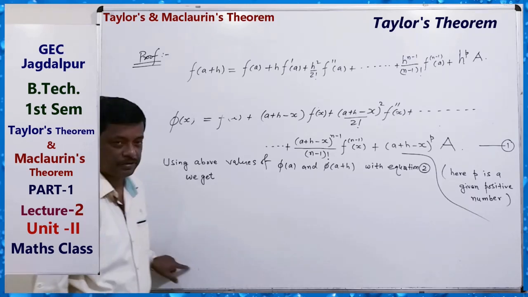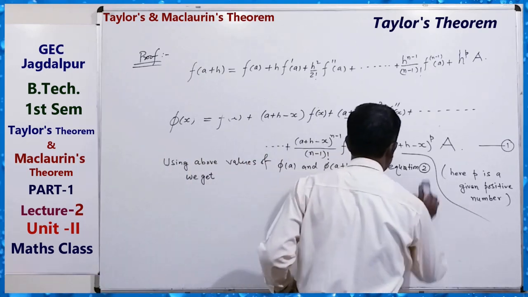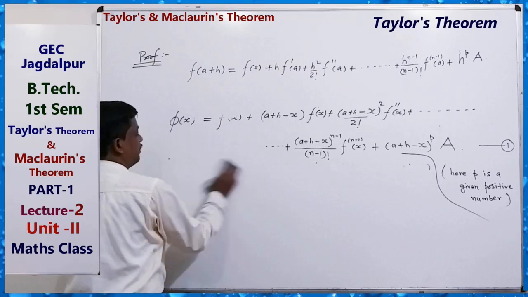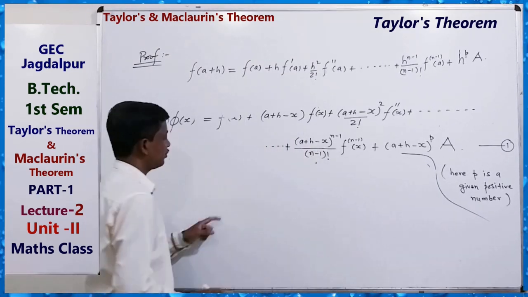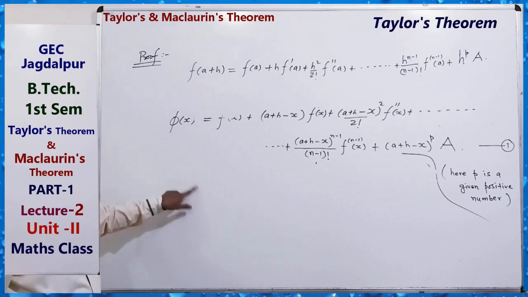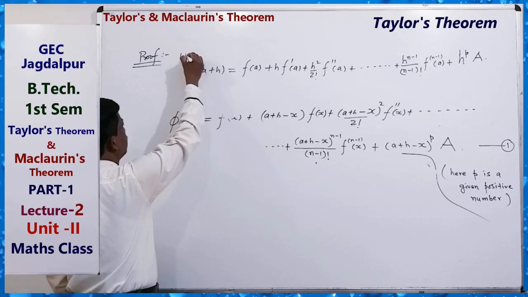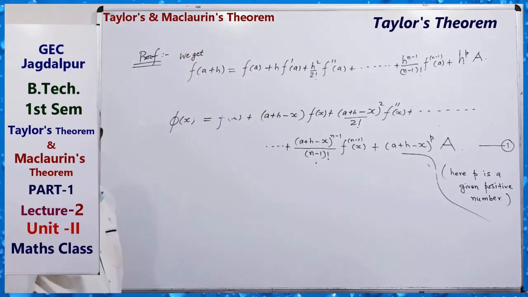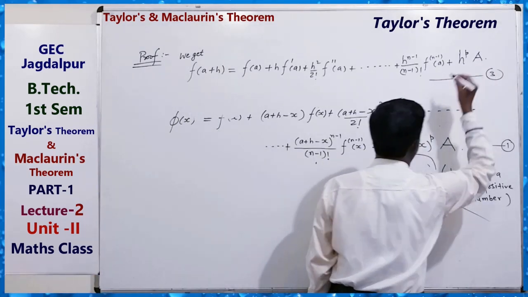Here phi a equals phi a plus h. Using equation 2 we get this. Now suppose this is equation 3.